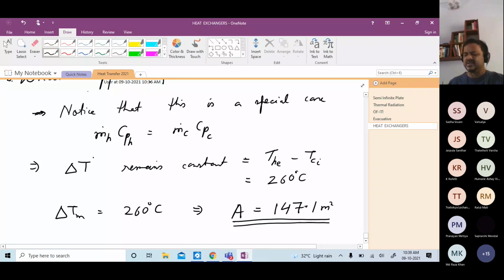Okay, this is what you should get, at least something close to this. But look at the thing. Another thing to notice is the area for counter flow is lower than that of parallel flow, and that is expected.